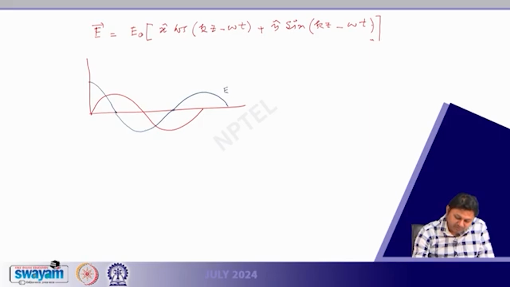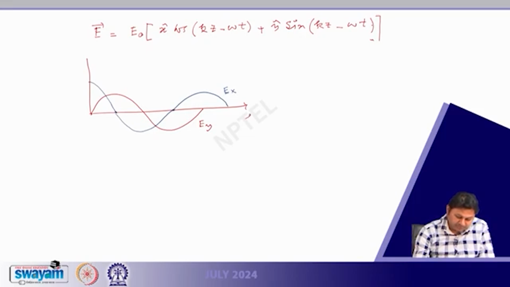So, this is Ex and this is sine function, it will be Ey, and there is a phase difference pi by 2 we are having.